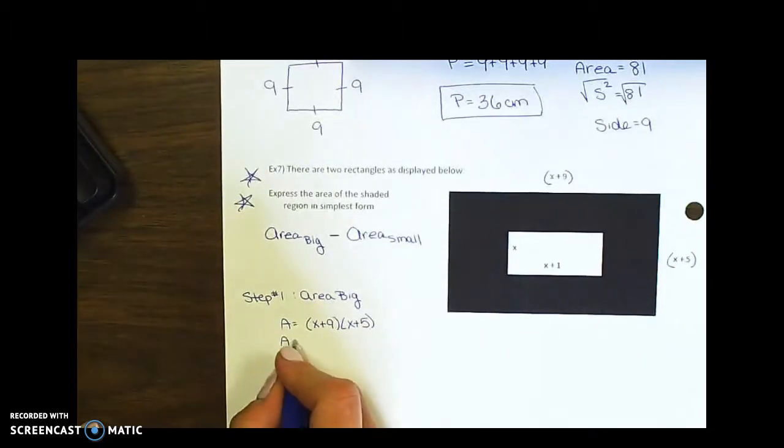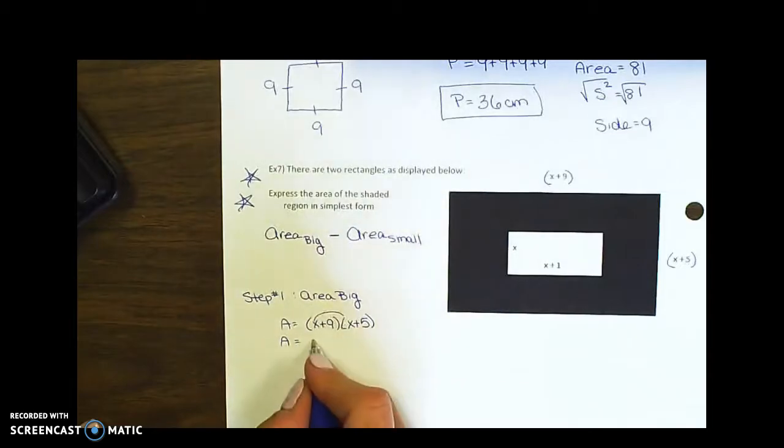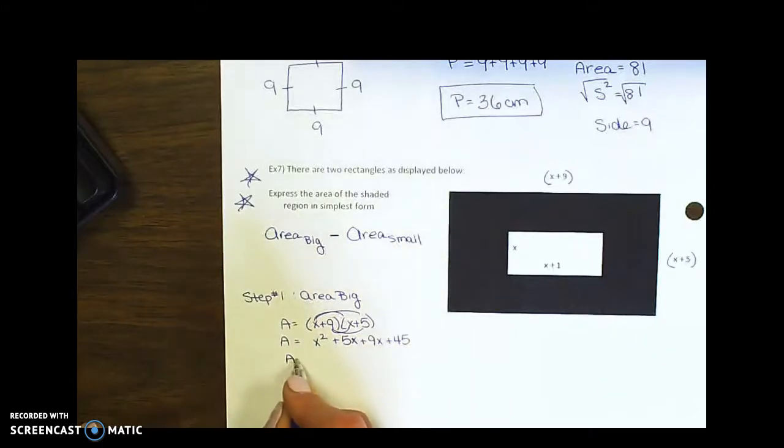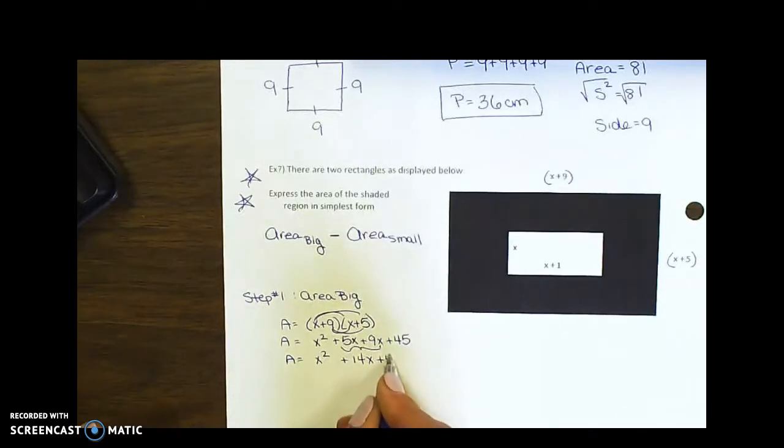So now I have to use my long distribution. X times x, x squared. X times 5, 5x. 9 times x, 9x. 9 times 5, 45. So my area is equal to x squared, I'm going to add those together, 14x plus 45. So that's my area of the big.